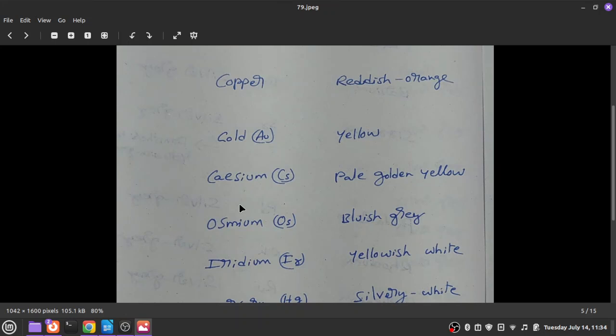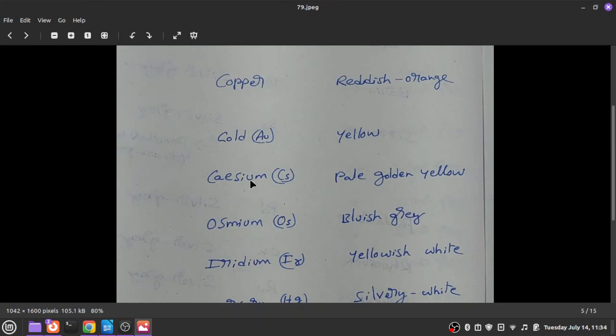Like that there are few exceptions, but most of the metals, more than 50 metals, appear in silver gray. But there are 5 metals that appear in different colors: copper which is reddish orange, gold yellow, cesium pale yellow, golden yellow, osmium blue color, iridium yellowish color. Among the 5 metals, gold appears as yellow, cesium appears as yellow, iridium also appears as yellow.